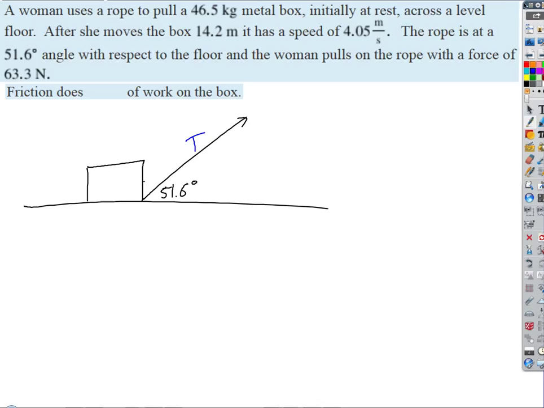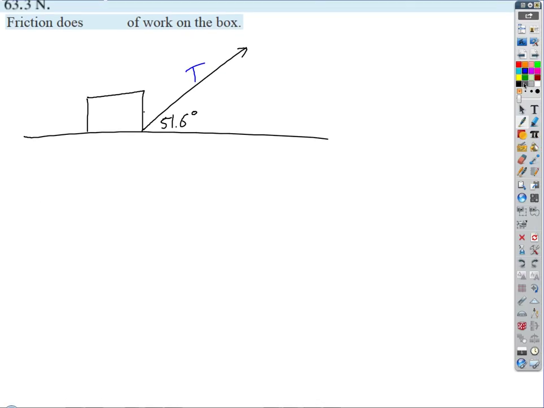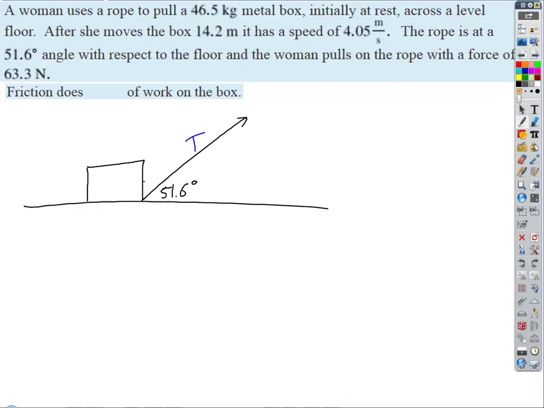I'm not going to do the whole thing, just a little bit this time. You guys have to figure out the rest. So what's going to be the work due to tension? The force is 63.3. I'll just call it T for now, times the distance that it's pulling.